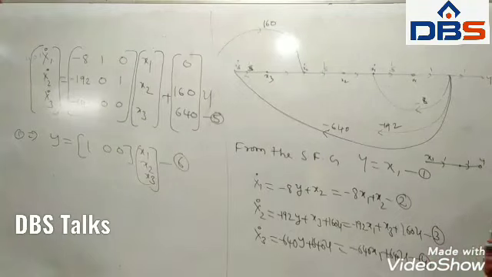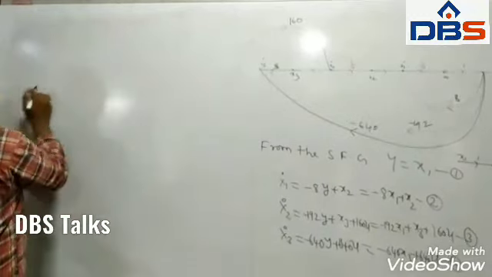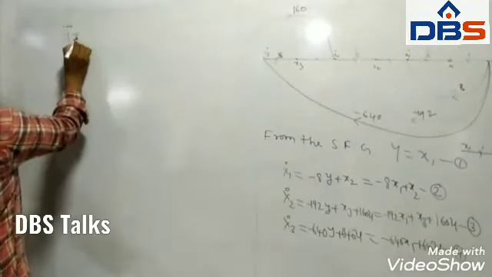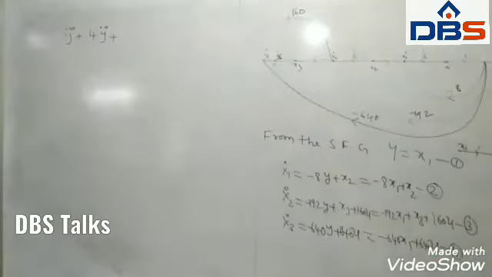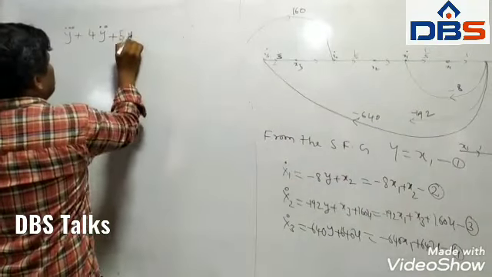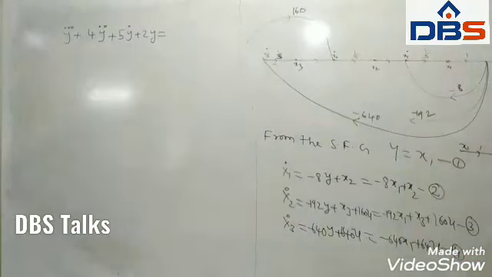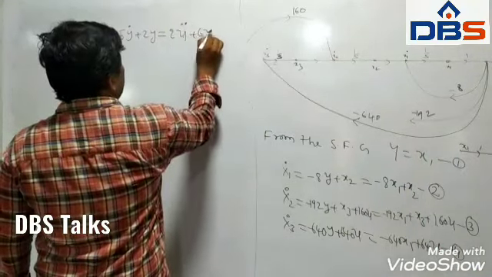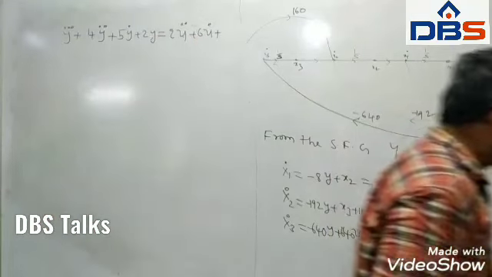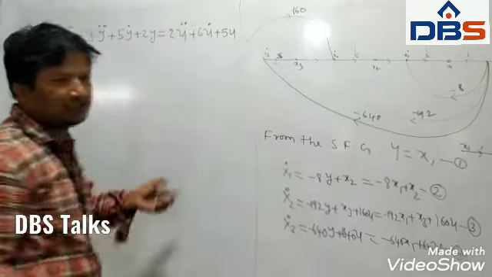They have given a differential equation like this: y triple dash plus 4y double dash plus 5y dash plus 2y equal to 2u double dash plus 6u dash plus 5u. Like this they have given a differential equation.